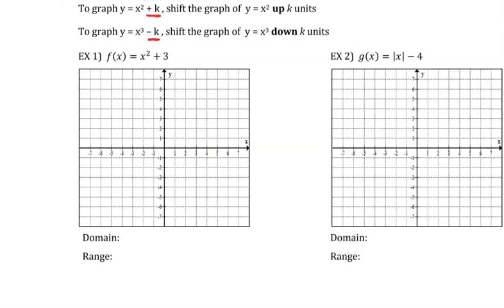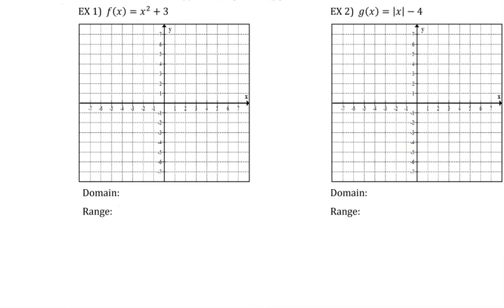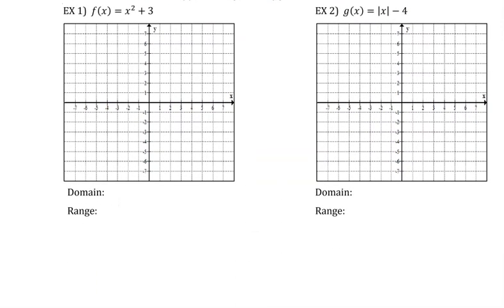All right, so let's try a couple. For this first example, we have x squared plus 3. The first thing we're going to do is graph x squared. Now, if you have multiple colors, I highly recommend using multiple colors for this.